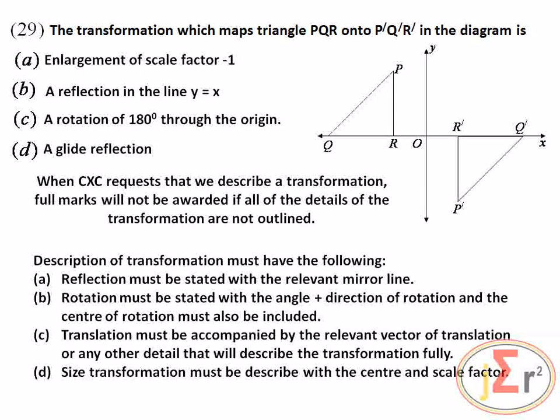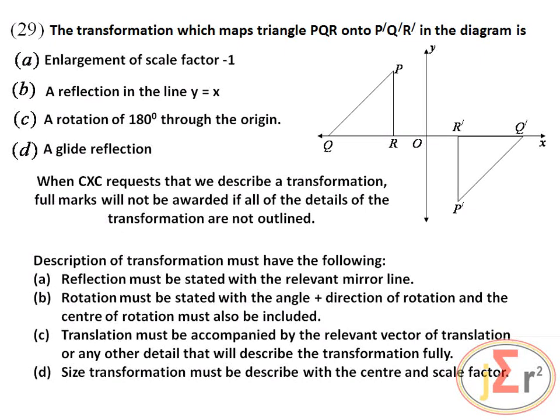Rotation must be stated with the angle plus direction of rotation, and the center of rotation must also be included. Translation must be accompanied by the relevant vector of translation or any other detail that will describe the transformation fully.